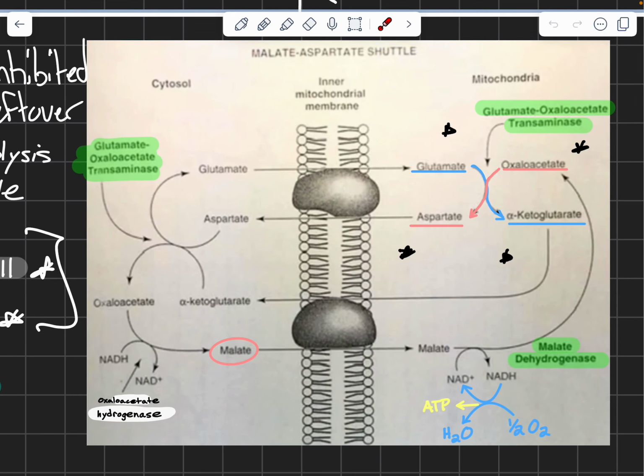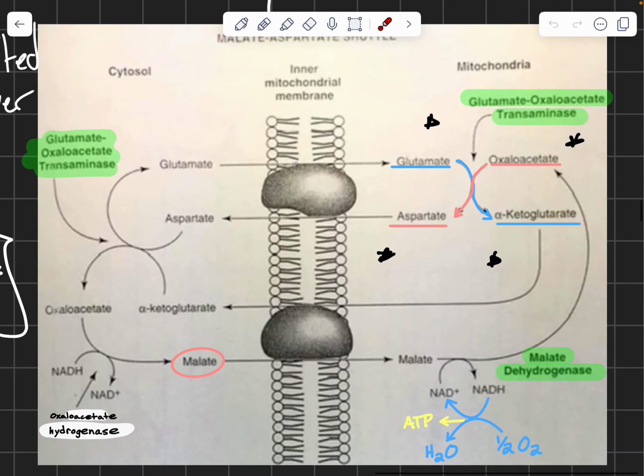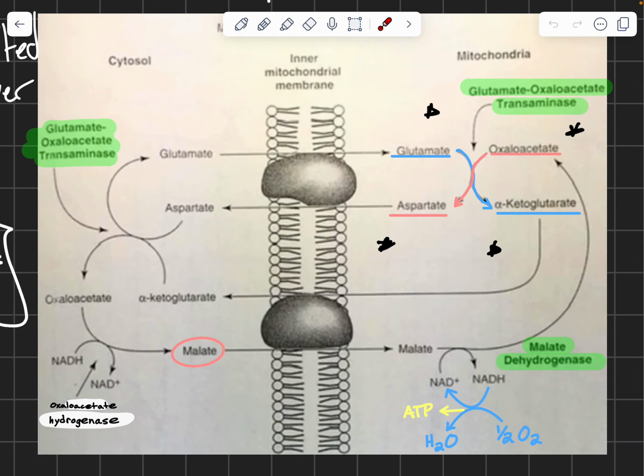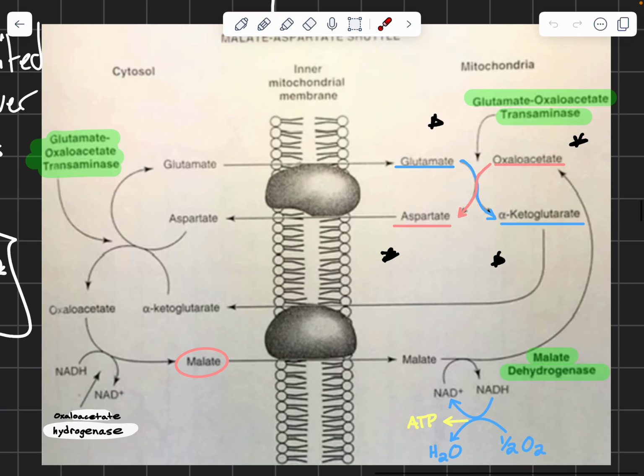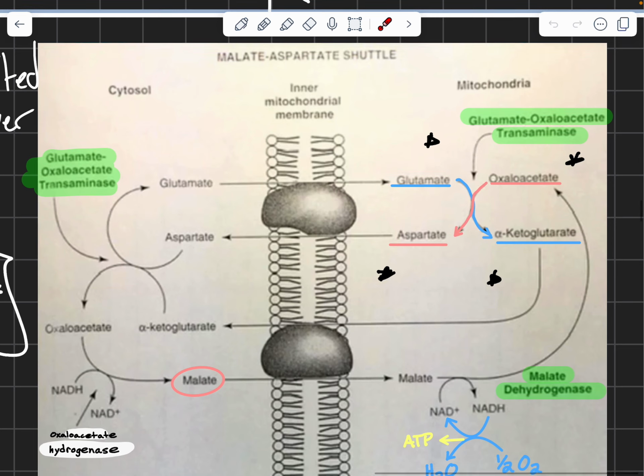So we'll look at oxaloacetate here, and we can see that it's acting with glutamate oxaloacetate transaminase, and this enzyme is basically allowing oxaloacetate to change forms here so it can cross the inner mitochondrial membrane. So when oxaloacetate goes through a transamination reaction, basically we're transferring amino groups on some of these molecules here.